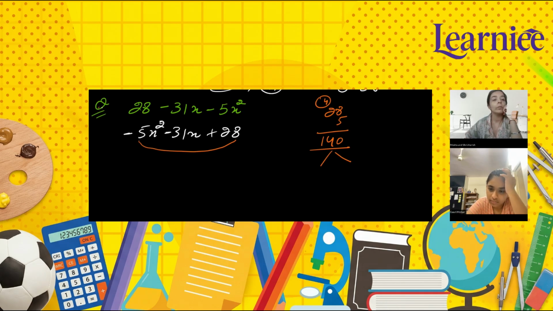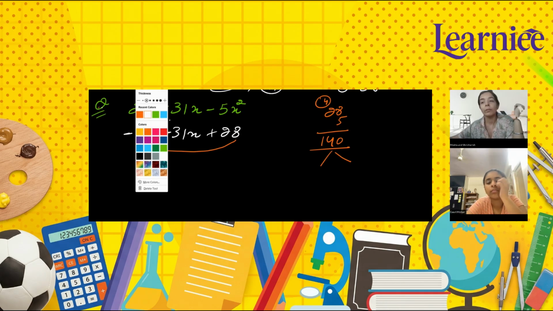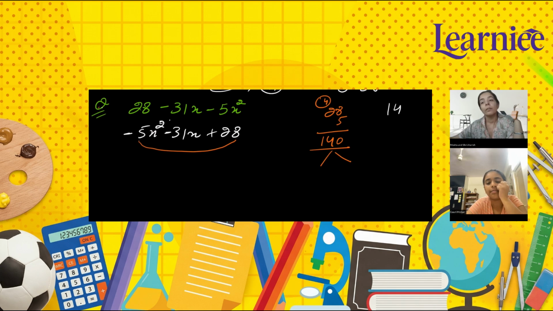So how can we do that? Again, I'm confused. So what I can do here is LCM, right? Because it is not possible to check directly. 140 is somewhat even, right? And 31 is also, so you will be doing like this. 2 sevens are 14, 2 threes are 6.